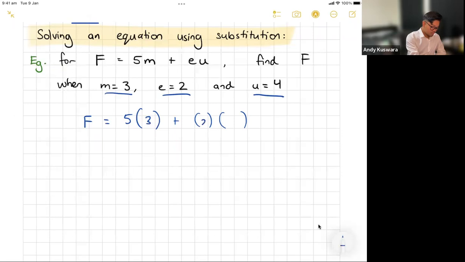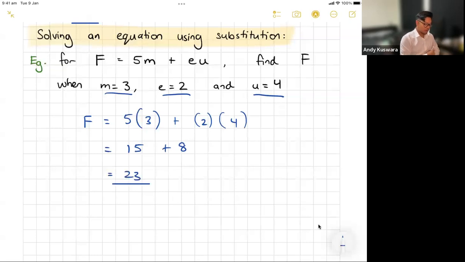E is 2, so I'm writing that in there. And then U is going to be 4, so I'm going to put the 4 in there. All I need to do now is calculate 5 with the 3 bracket next to it. That means 5 times 3, which is 15. And then bracket 2, bracket 4 right next to each other means you multiply again. It just means 15 plus 8, and that gives you an answer of 23.